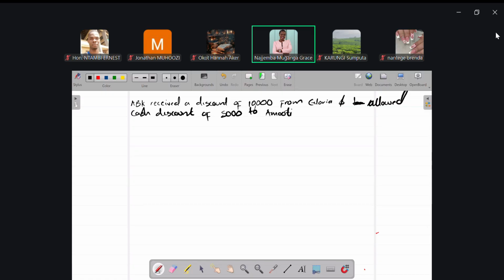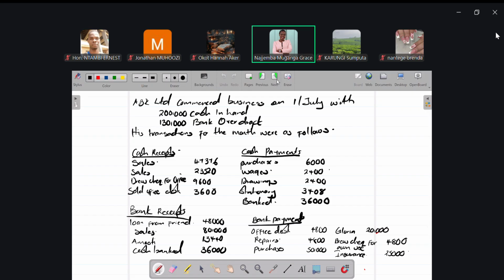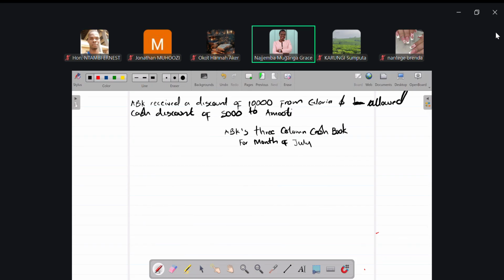Where you see such a question that involves discounts, that means you're going to draw up a 3 column cash book. So this is ABK's 3 column cash book for the month of, assuming, July.